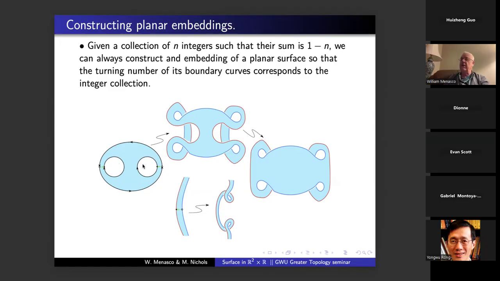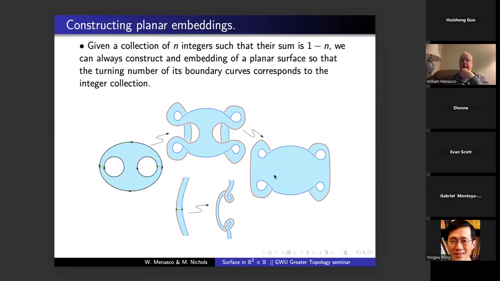But that's not the only one because I could cut along here and cut along here and put a twist into it. And then I would end up getting something like this here and something like this here. And that again is flat. The Gaussian curvature you can put is 0 everywhere.